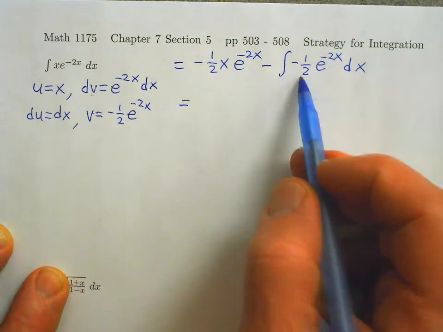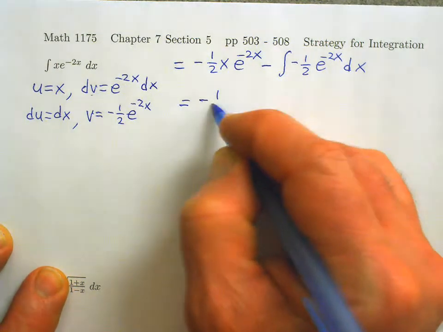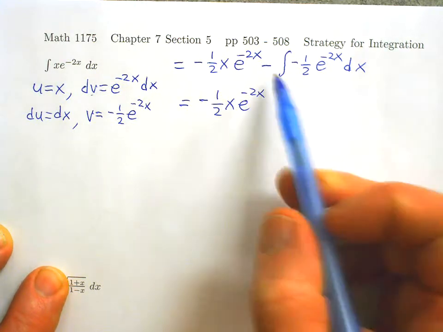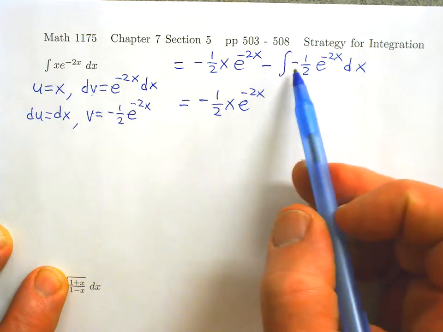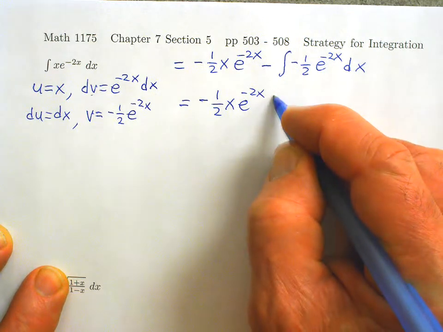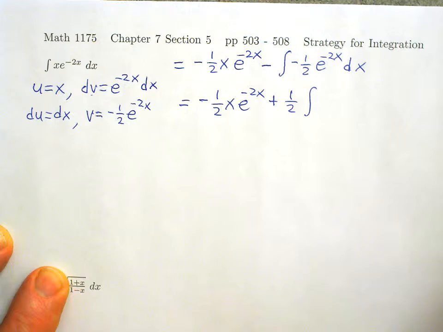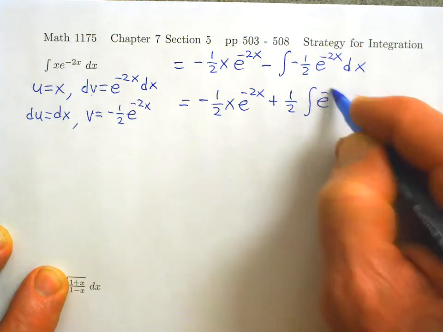Okay, we'll simplify this a little more. Let's write it as negative 1/2 x times e to the negative 2x. And we're subtracting negative 1/2, so we can write plus 1/2 times the indefinite integral of e to the negative 2x dx.